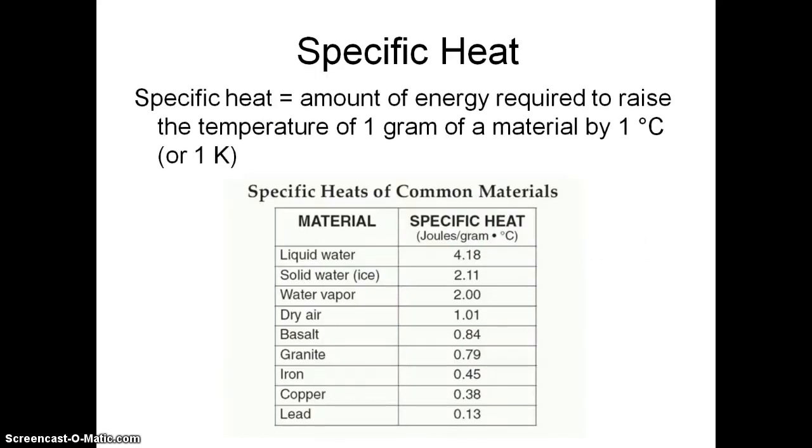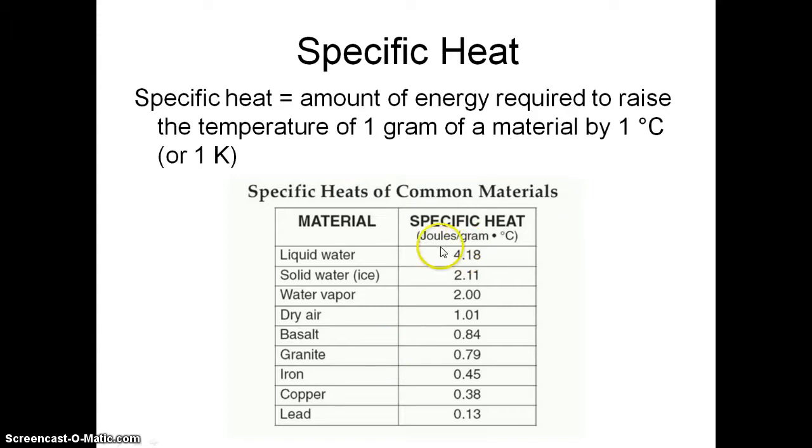Specific heat is the amount of energy required to raise 1 gram of material 1 degree Celsius or 1 Kelvin. So here's a list of common materials and their specific heats. Notice, liquid water is 4.18 joules per gram times degrees Celsius.